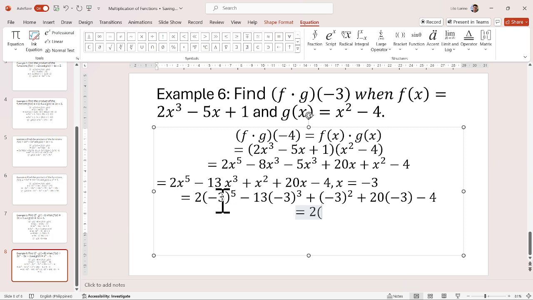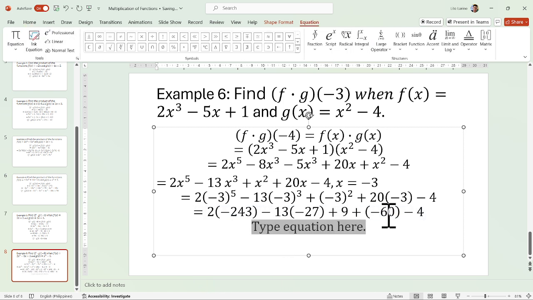And that is equal to, we have 2 times negative 3 to the 5th power. Negative 3 times negative 3 times negative 3 is negative 27, times negative 3 is 81. 81 times 3 is 243, so negative 3 to the 5th is negative 243.